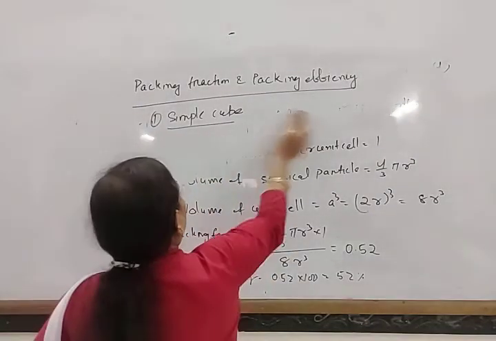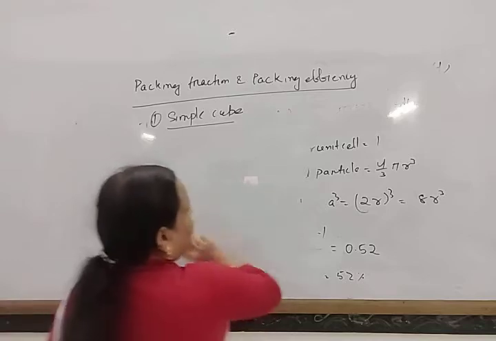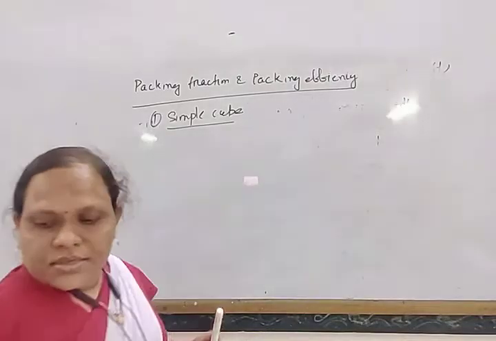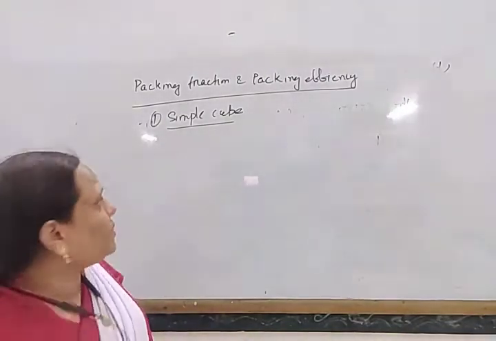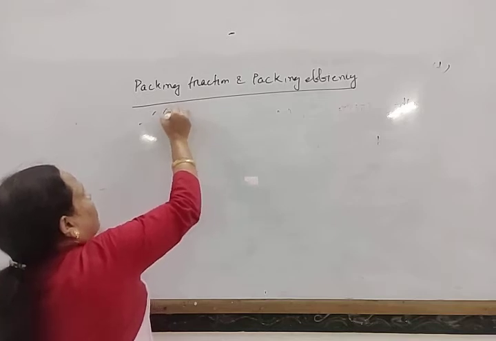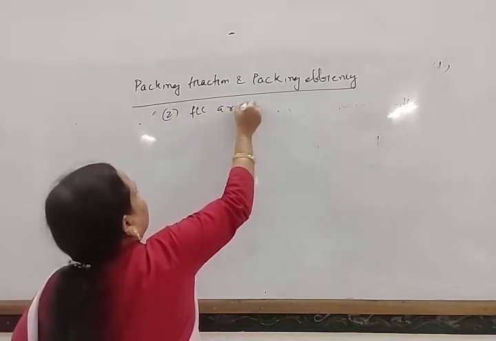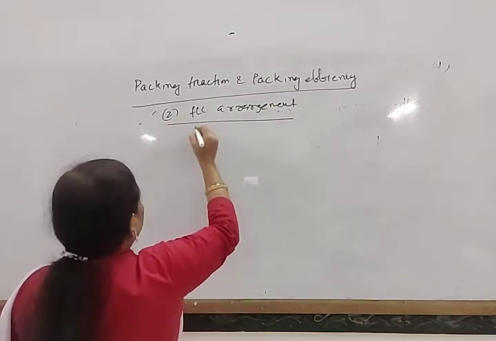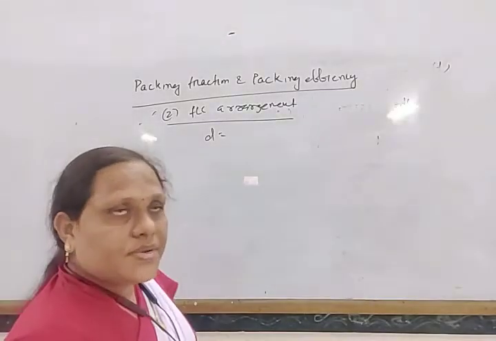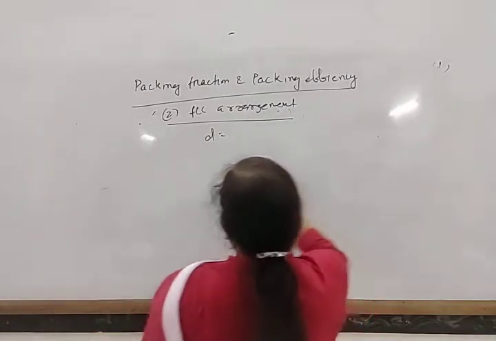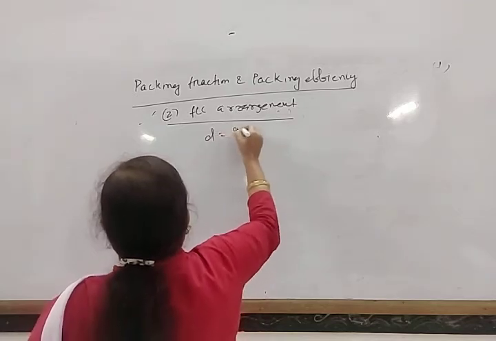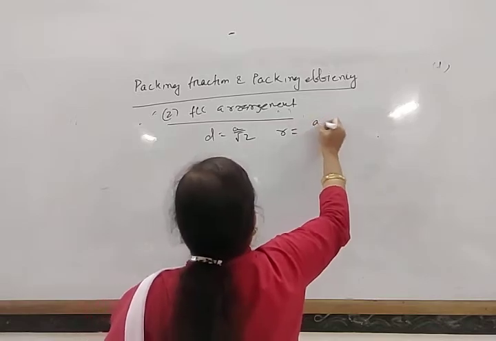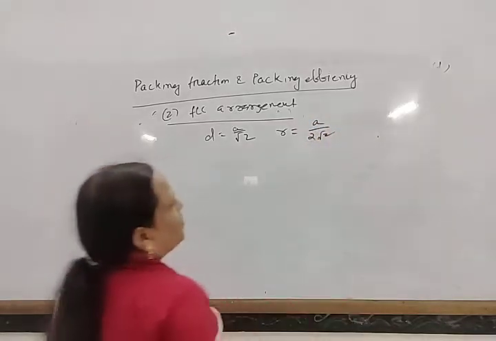Next come to packing efficiency in FCC arrangement. So this was simple cube. For FCC arrangement, we know what we have derived previously: D equals A by root 2 and R equals A by 2 root 2.